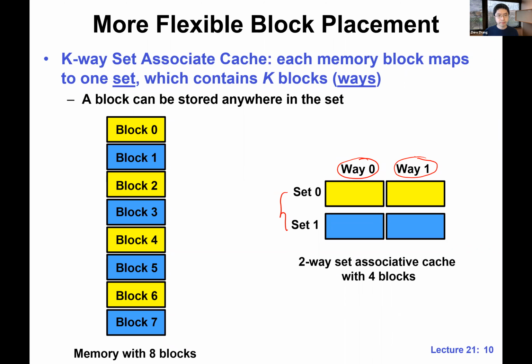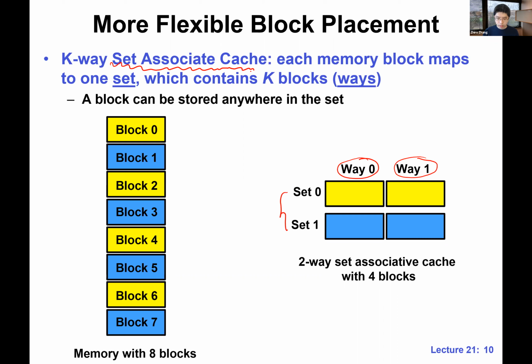This is the configuration, and the mapping scheme is different with this so-called set-associative cache. It's called a set-associative cache. In this specific case, we have a two-way set-associative cache since we have 2 blocks per set.